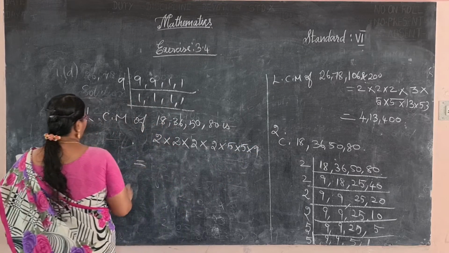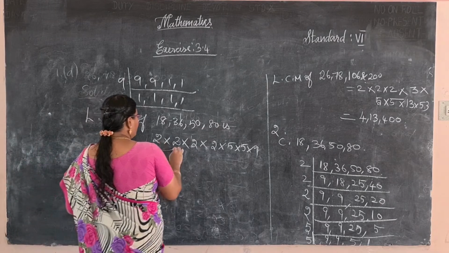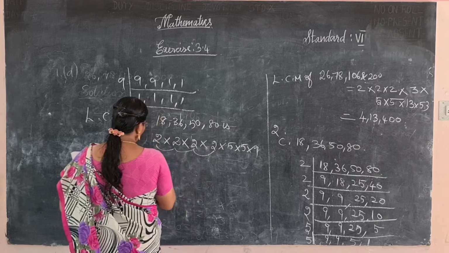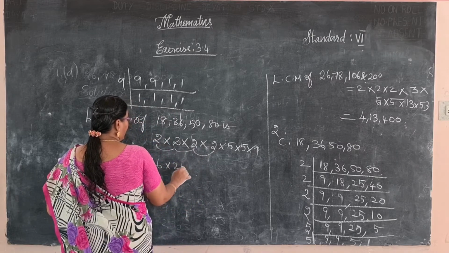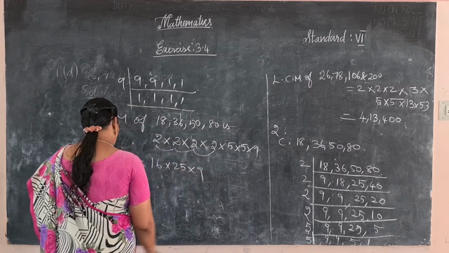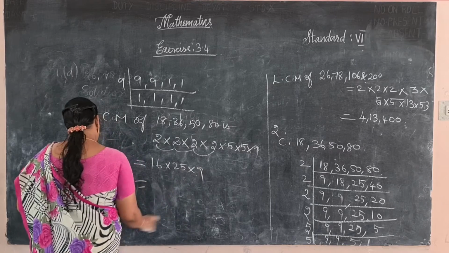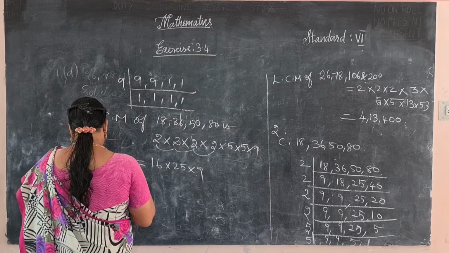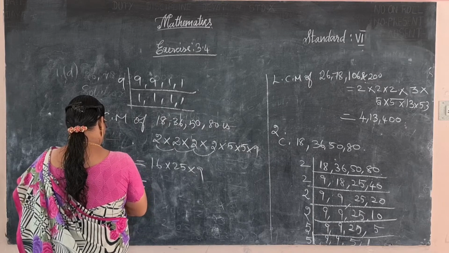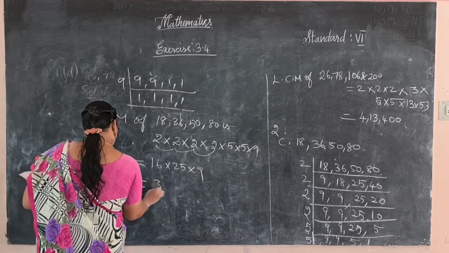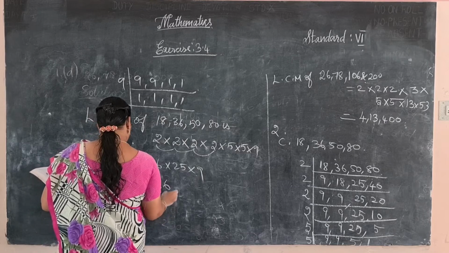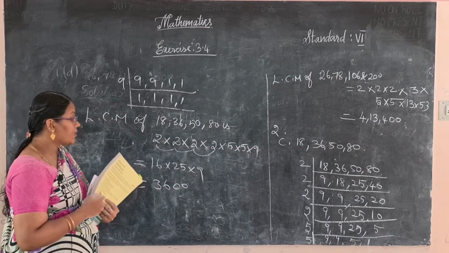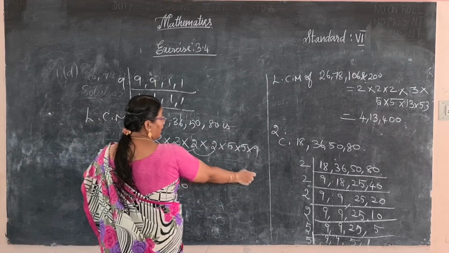So multiply. 2 twos are 4, 4 twos are 8, 8 twos are 16, 25 into 9. Now multiply these values. We get finally 3600. You will calculate this value in the rough work area.